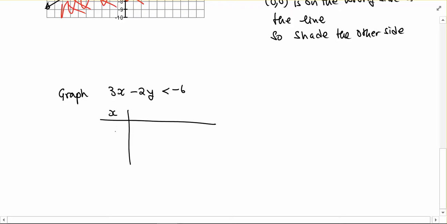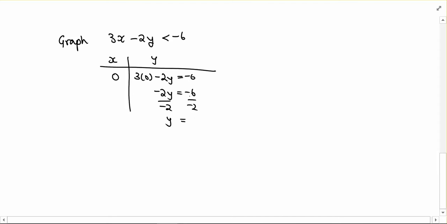So if I made x 0, then minus 2y is equal to minus 6. Divide by negative 2, divide by negative 2, and I get y equals 3. So 0, 3.